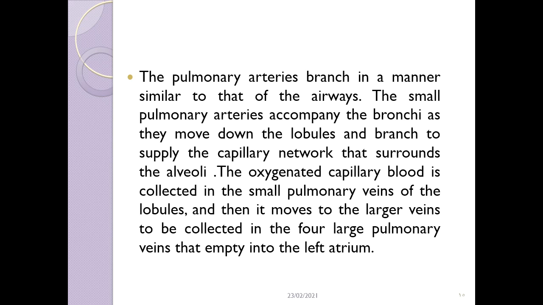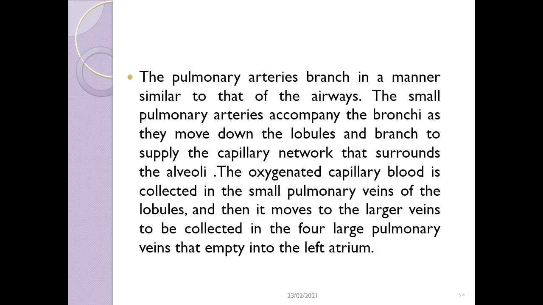So the oxygenated capillary blood is collected in the small pulmonary veins of the lobules, and then it will move to the large veins to be collected in the 4 large pulmonary veins that empty into the left atrium.